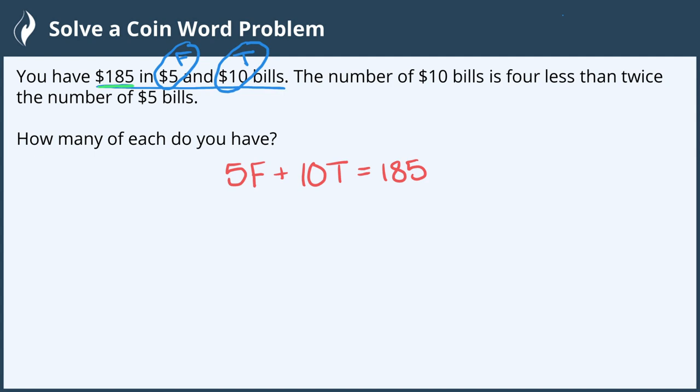Now we can go ahead and translate the second sentence, which we've been doing with the number problems.